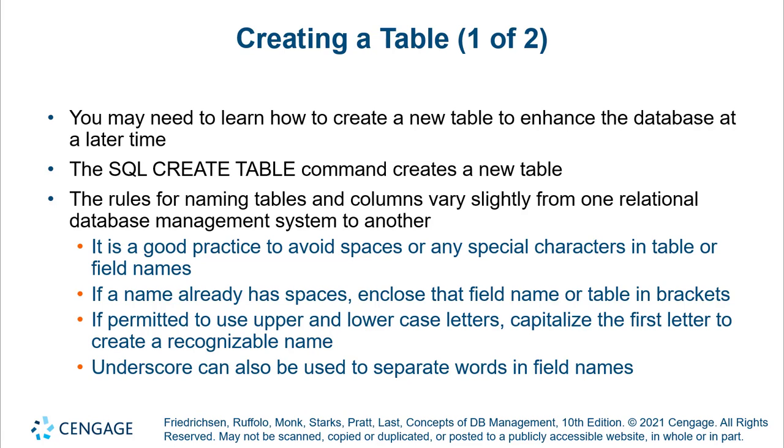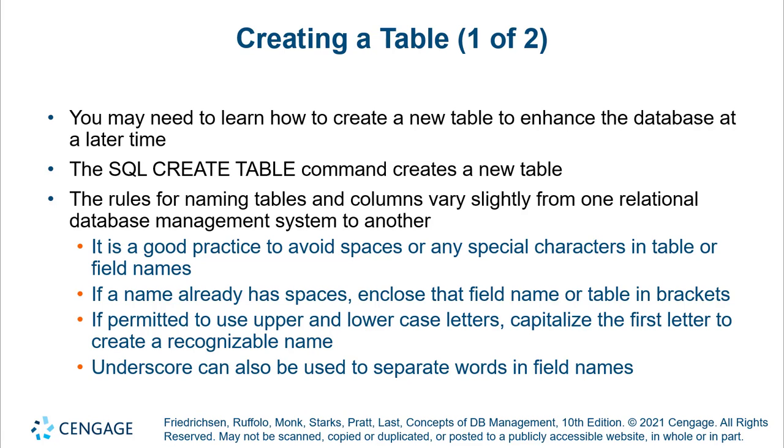The names cannot exceed 64 characters. You can use pretty much any combination of letters, numbers, even spaces, and most special characters aside from the period, exclamation point, and the square brackets.